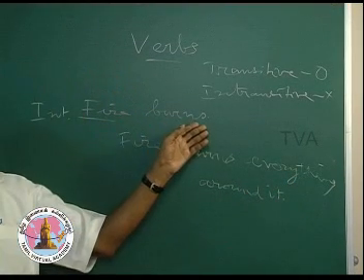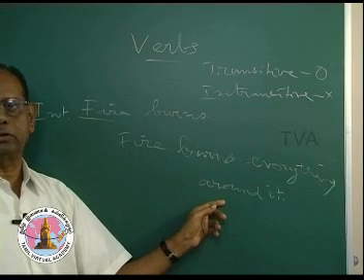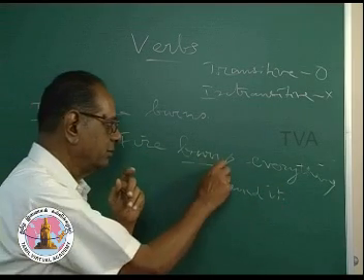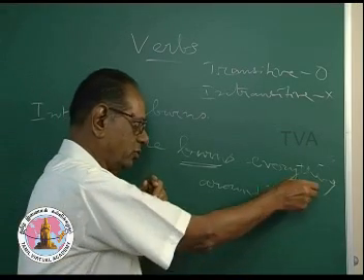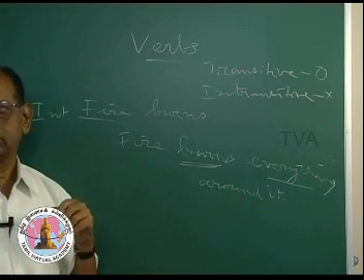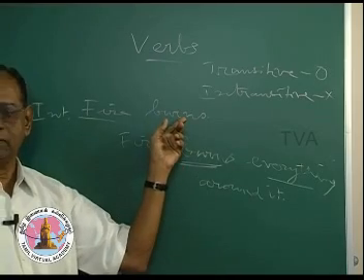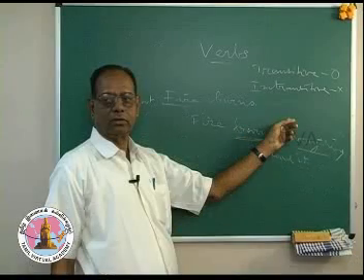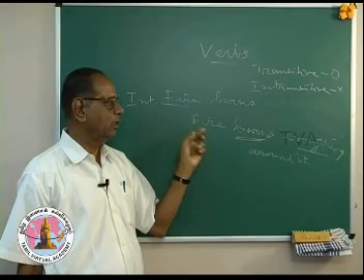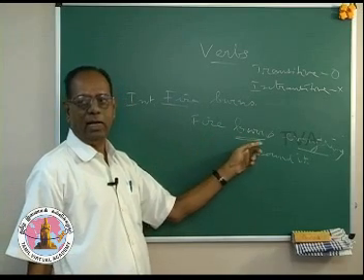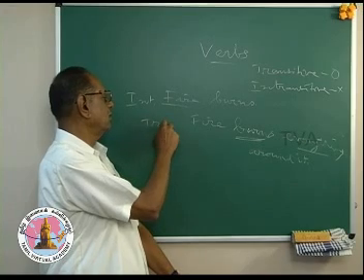Fire burns and fire burns everything around it. Here, this verb has an object. The same verb in the previous sentence does not have an object. So we call it an intransitive verb. Now, this verb has an object. So this is a transitive verb.